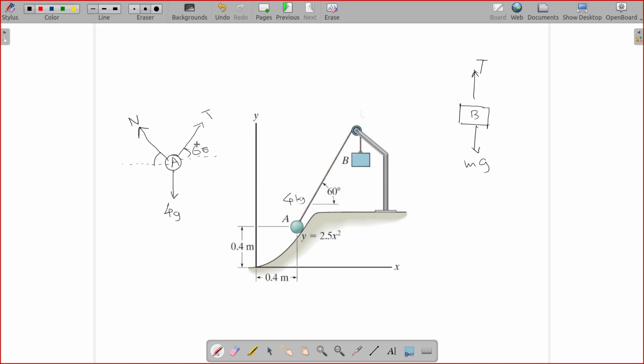It's very easy to calculate, right? Sigma Fx is equal to 0: T cos 60 minus N cos theta, let's say this is theta, acting towards left so negative sign, equal to 0.